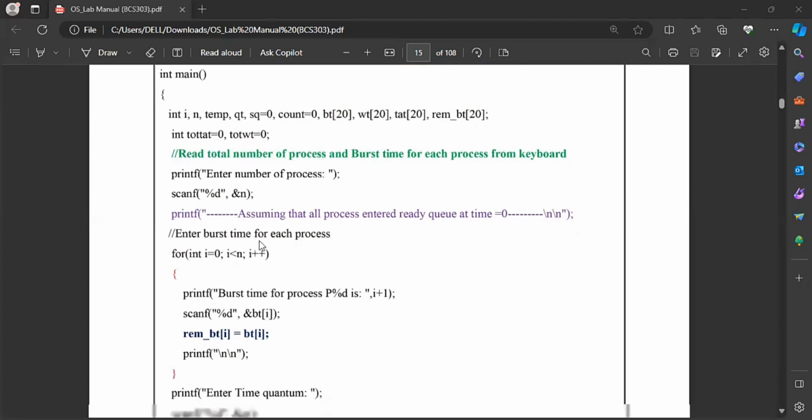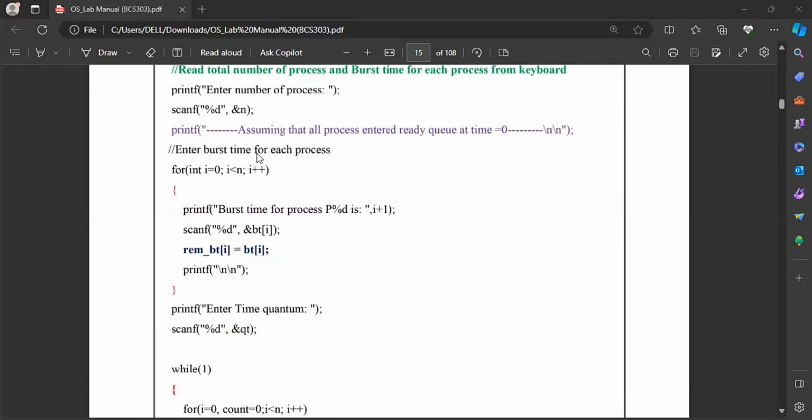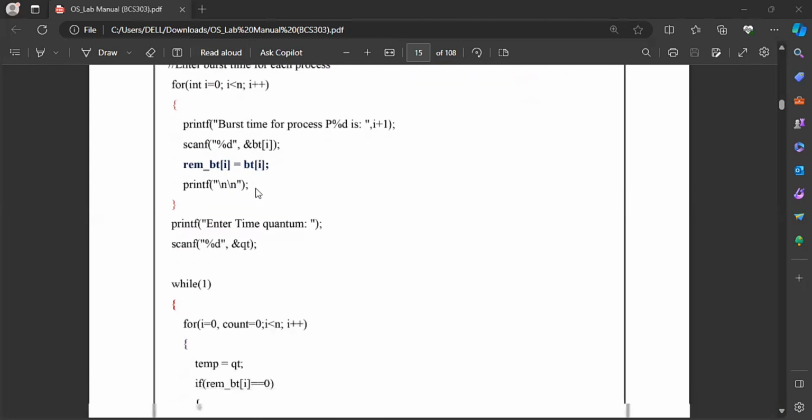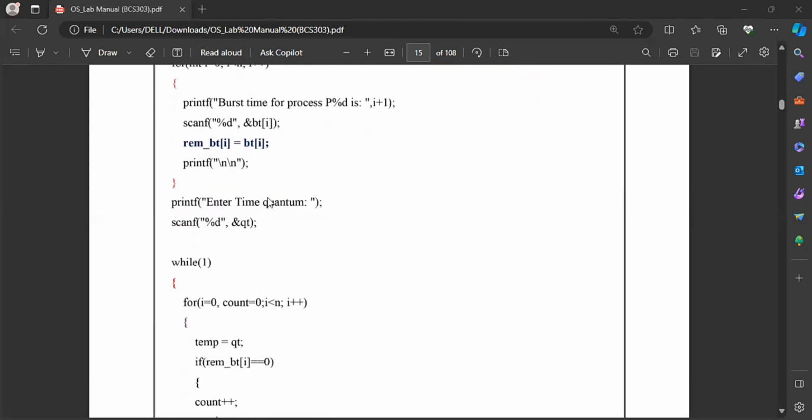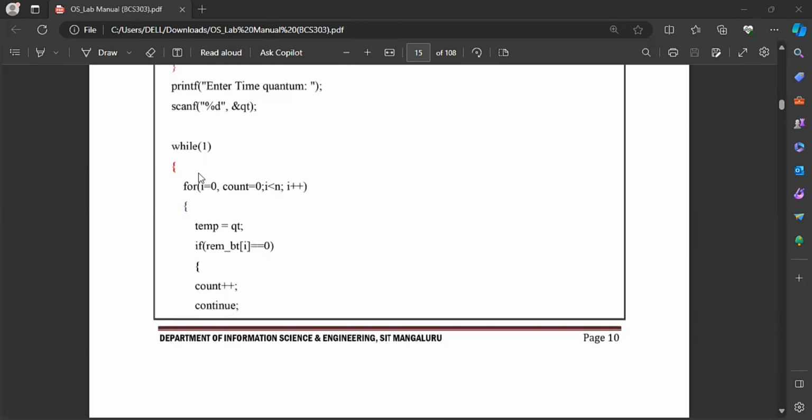Then we are taking the input from the user: the number of processes and the burst time. After that we are taking the time quantum. If it is true, this part will be executed.